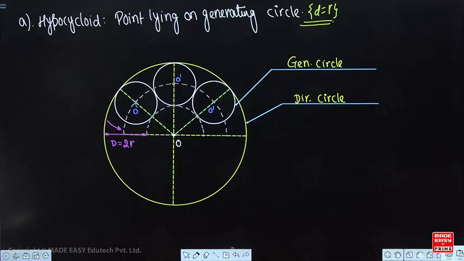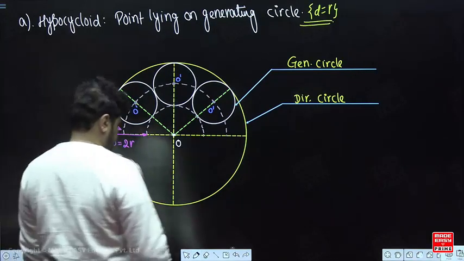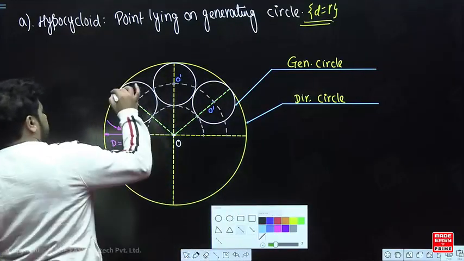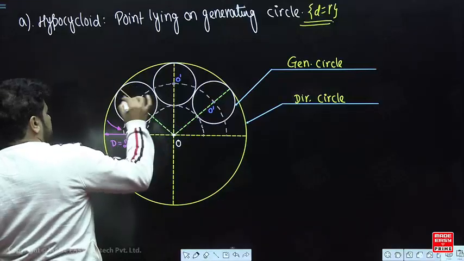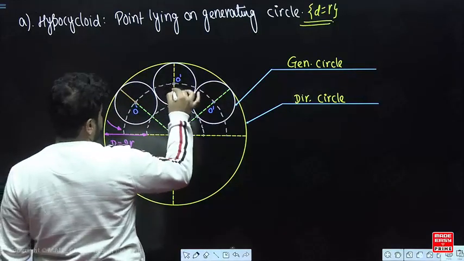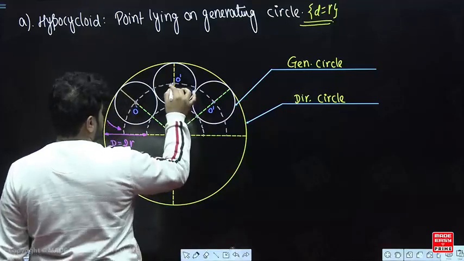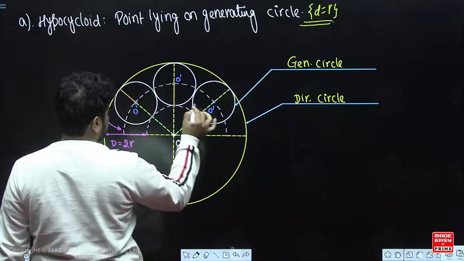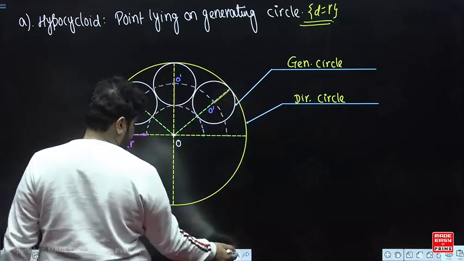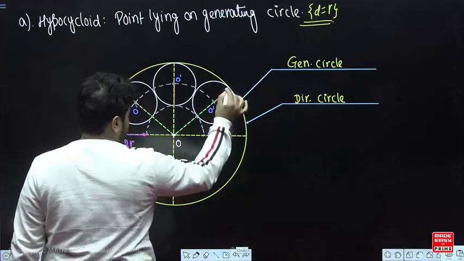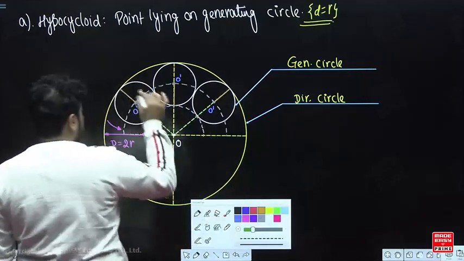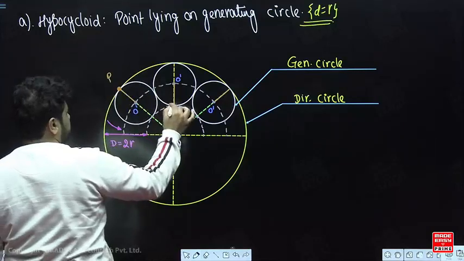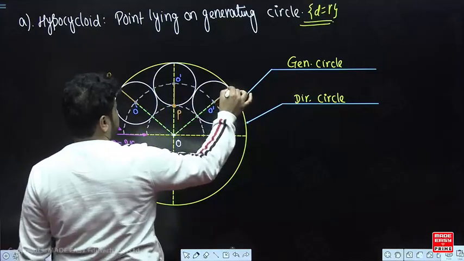Okay. So the first point is lying here. When it is rotating, where will it go? Down, right? Then it goes up. So first the point will be here, then the point will come down, and then the point will go up.